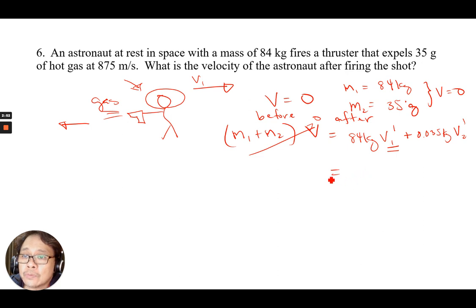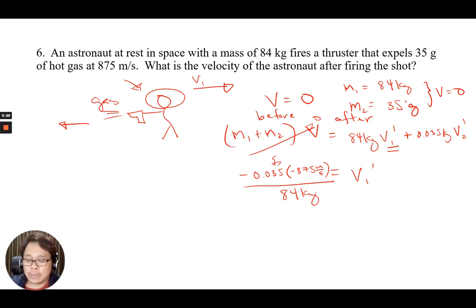So V1 prime is equal to negative 0.035, because we're moving this to the left side of the equation, so positive becomes negative. But V2 prime has a negative value, negative 875 meters per second, divided by the kilograms in V1 prime. This one is already in kilograms.